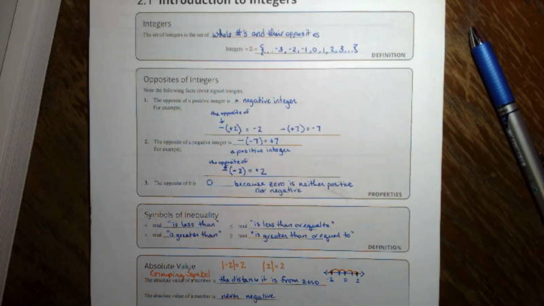The reason you need to know that is because it falls in the order of operations as a grouping symbol, which means you'd have to do all the stuff inside of it before you could take the absolute value. You got to get it down to one number before you can take that absolute value. You can't just change everything inside of it to a positive because you feel like it.